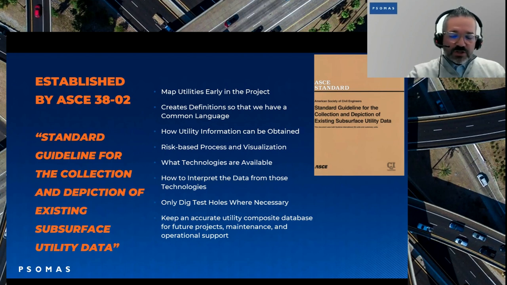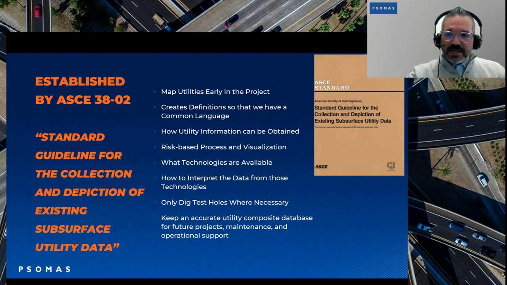Make your test holes in your design corridor. Be smarter about how you go about test holing, so that you're not using this intrusive method just to find out all the accurate elevations for things, even if they're outside of your design area. It helped with keeping an accurate utility composite database for future projects, maintenance and operational support.